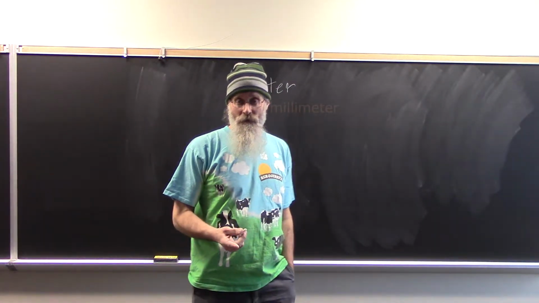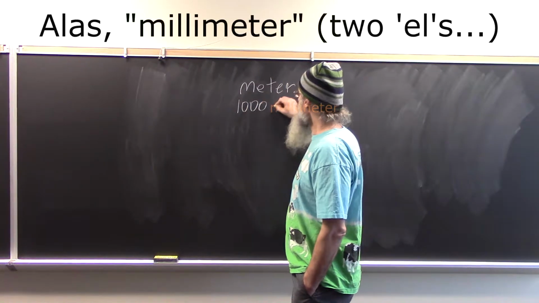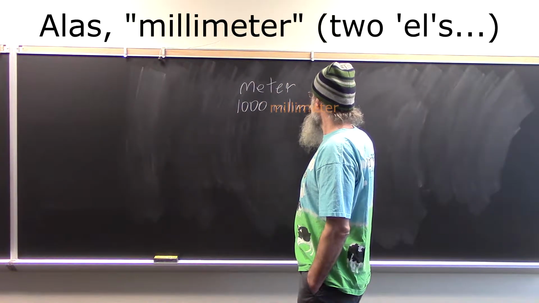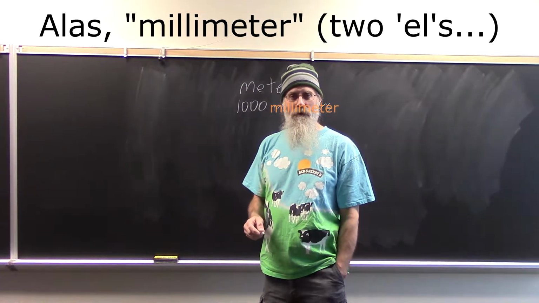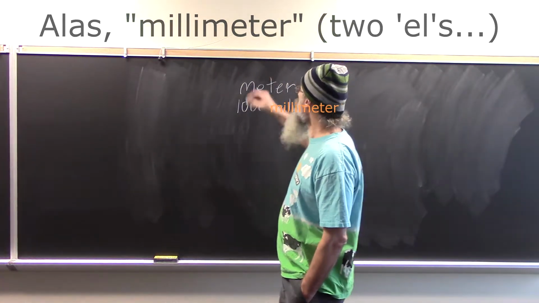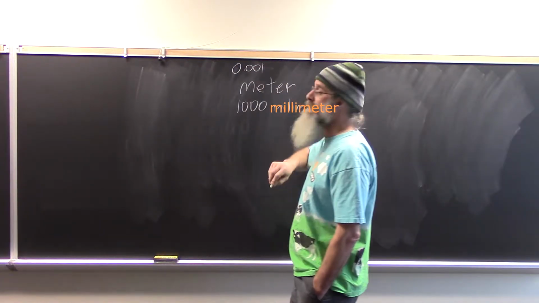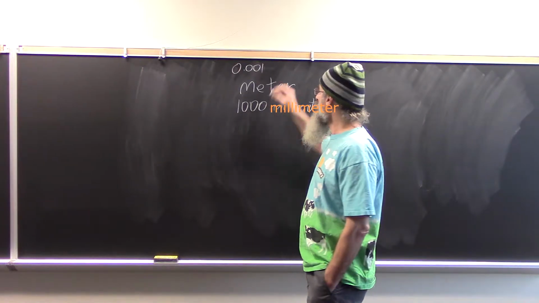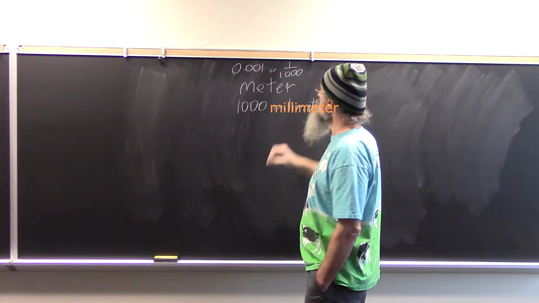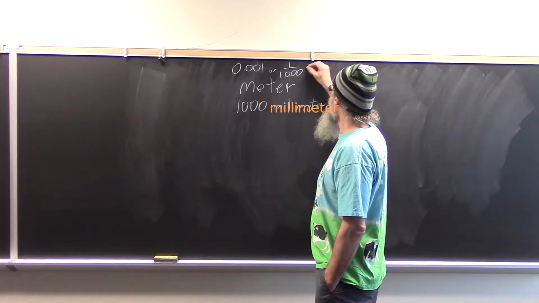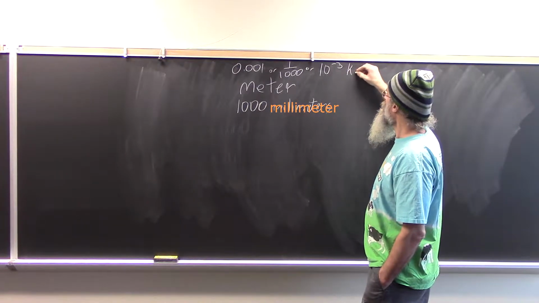The meter happens to be 1,000 millimeters. It is also equivalent to 0.001, or 1 over 1,000, or 10 to the minus 3 kilometers.